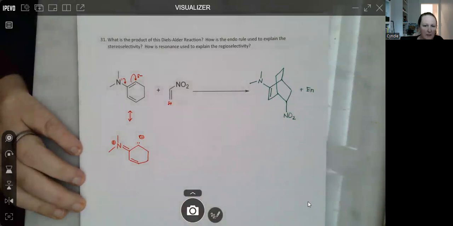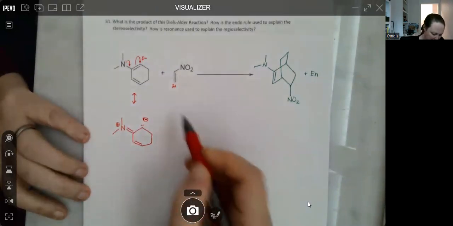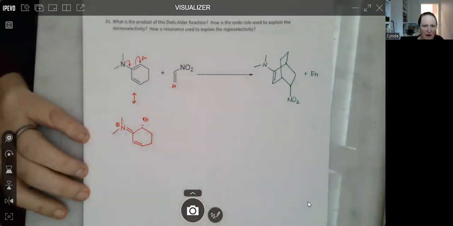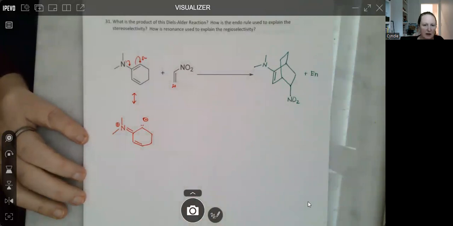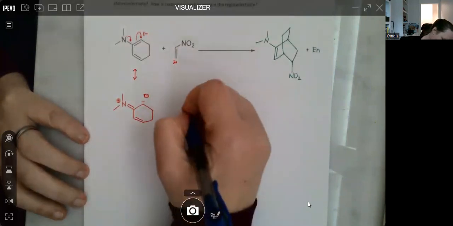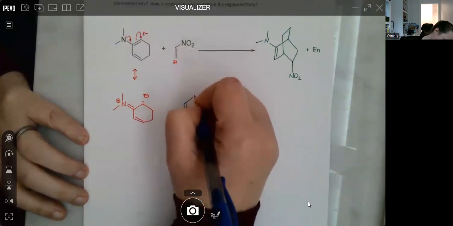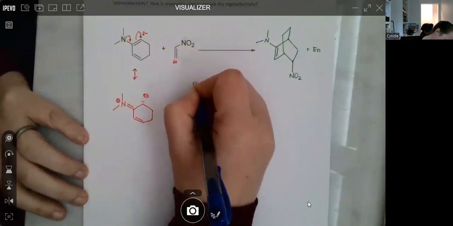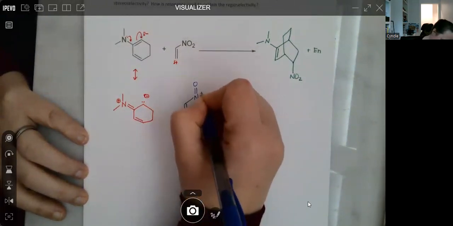Okay, and then we didn't really show it here because we need to draw out that nitro group to start drawing the resonance contributors, right? So here, and then what we'll do is we'll draw this out. And we just drew this on the last problem, but we'll go ahead and draw it again on this problem.